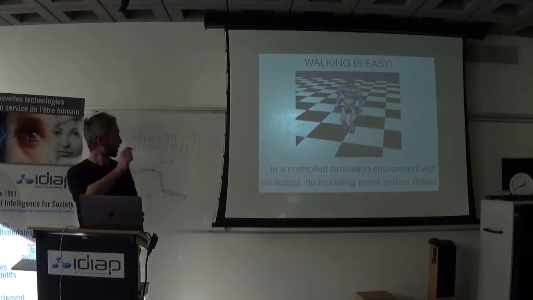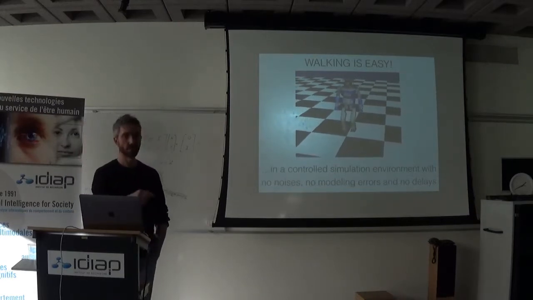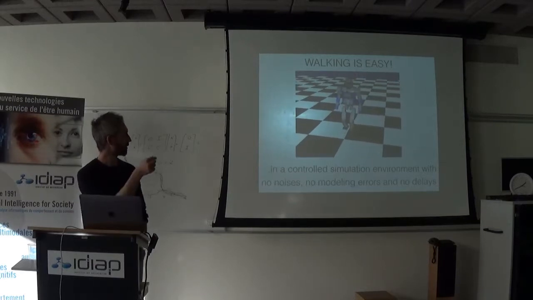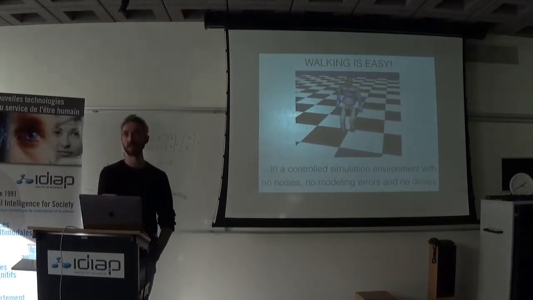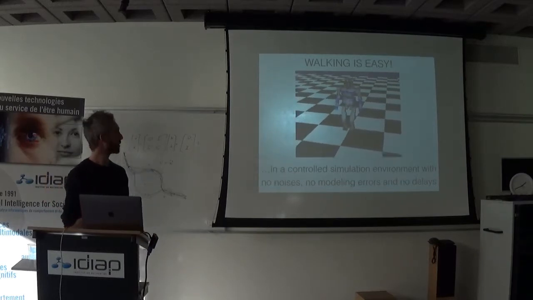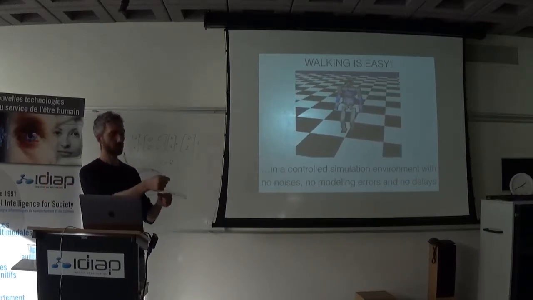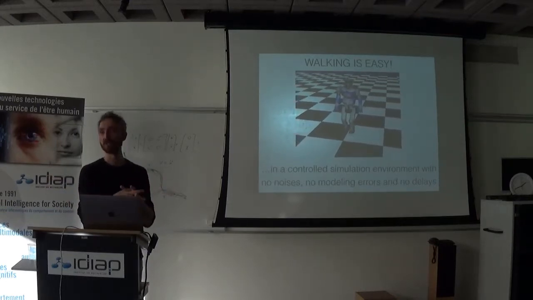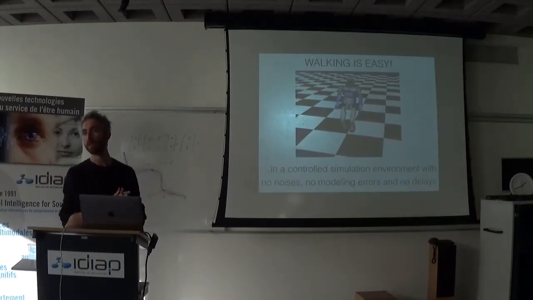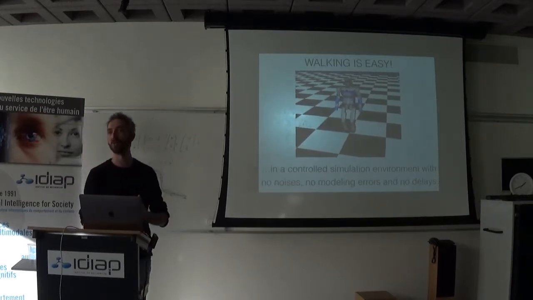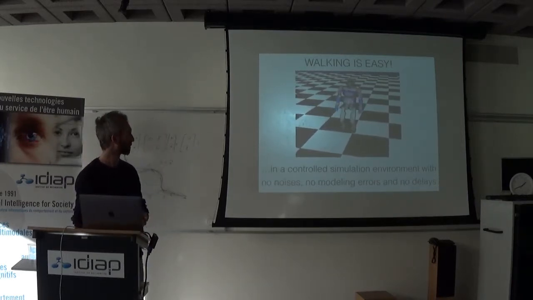So this is actually a motion that I generated using TSID, and I was given a reference trajectory for the center of mass of the robot, computed with trajectory optimization, then some reference trajectories for the feet. I basically used the same machinery that you have been playing with before lunch, and I could generate this nice simulation of the robot walking.